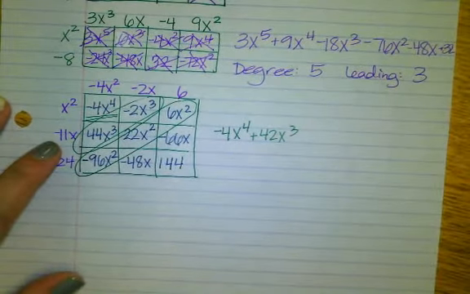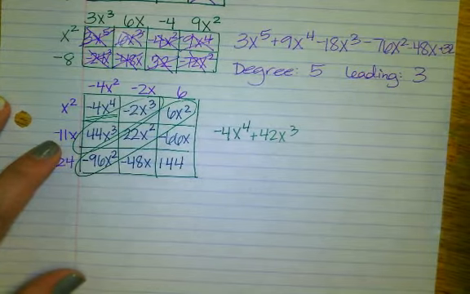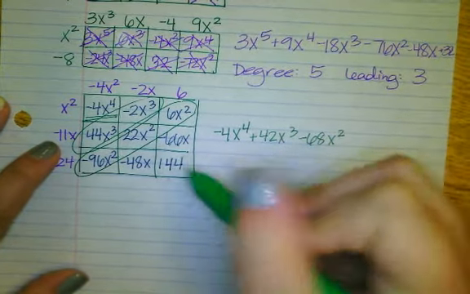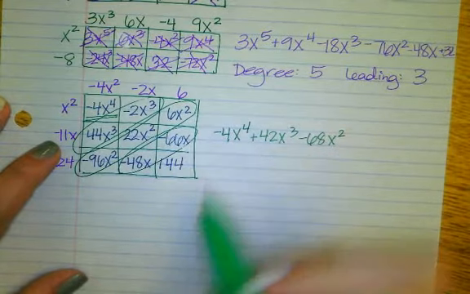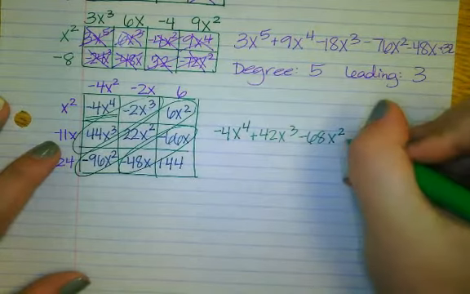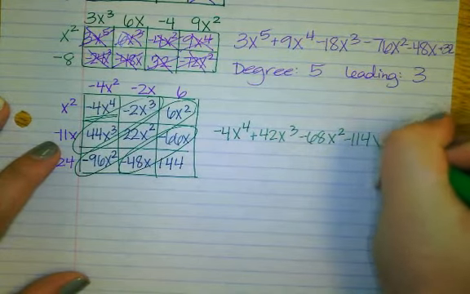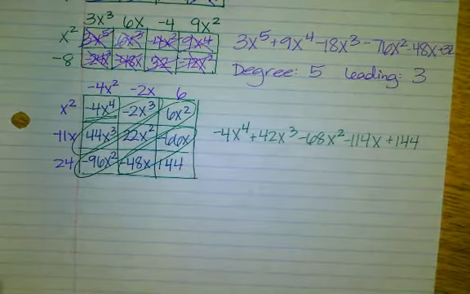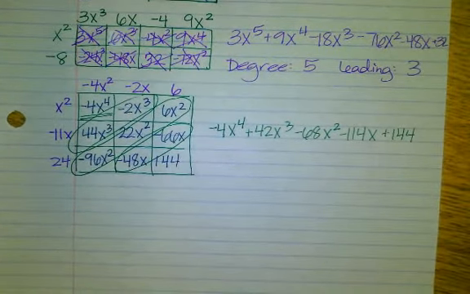Negative 68x squared. Okay, then I have negative 48x and negative 66x. Negative 114x, and my last term is in the bottom right, and that's 144. So this would be the product of the functions shown in that coordinate grid.